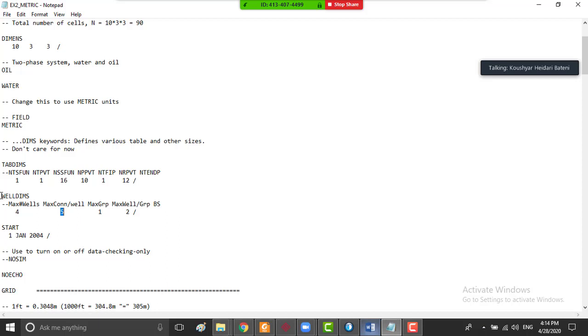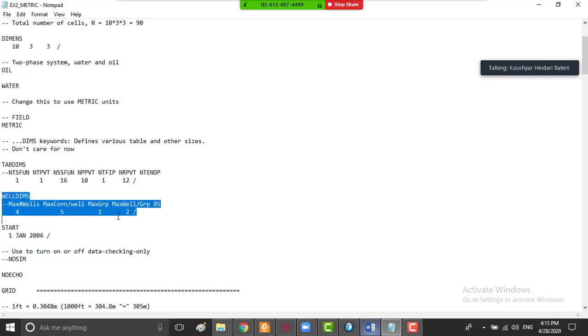And the more important point is to understand how Eclipse uses the keywords to get the input data, right? After each keyword, from these 2 examples that we saw up to the moment, diamonds and Veldems, what did we understand?